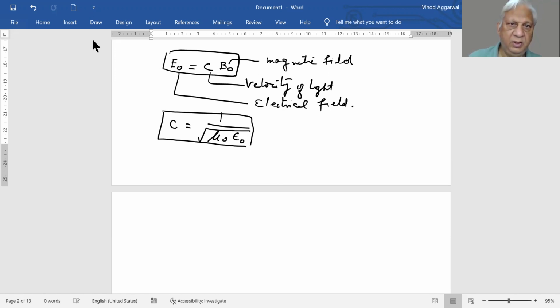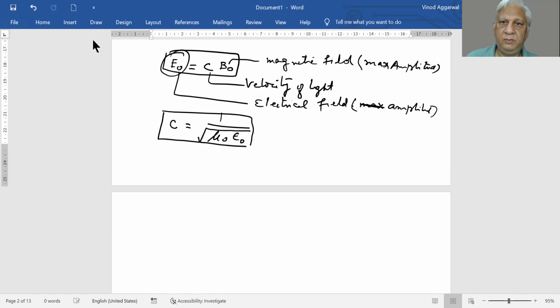Now, since it is B naught, this is maximum amplitude. And this also is maximum amplitude. Or rather amplitude.